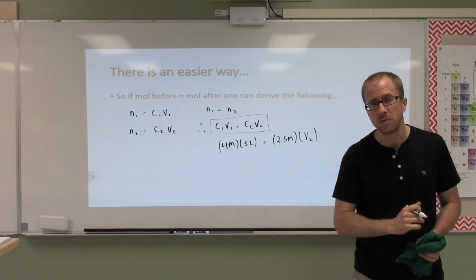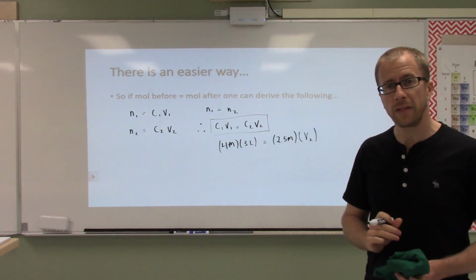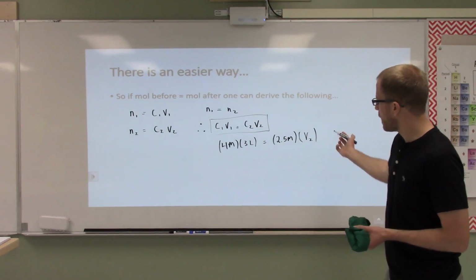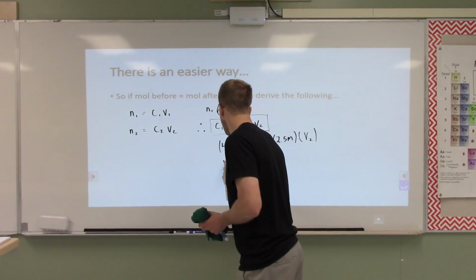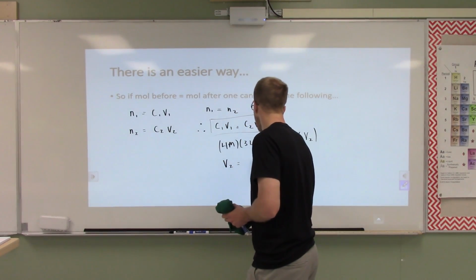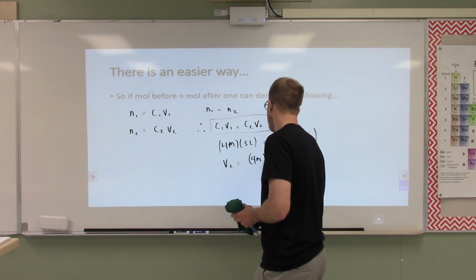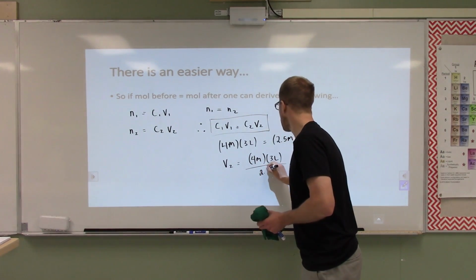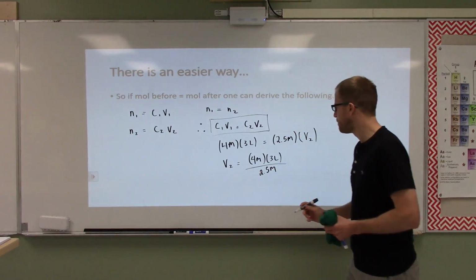We know what it is because we solved for it already, but let's see if we get the same answer using this equation. So I solve for V2. V2 is equal to 4 molar times 3 liters over 2.5 molar.